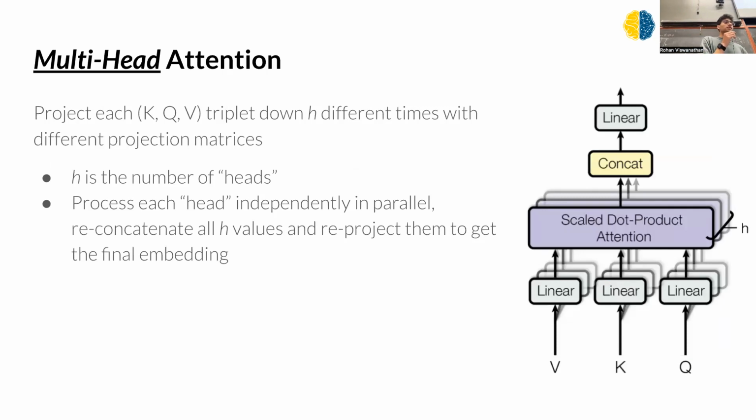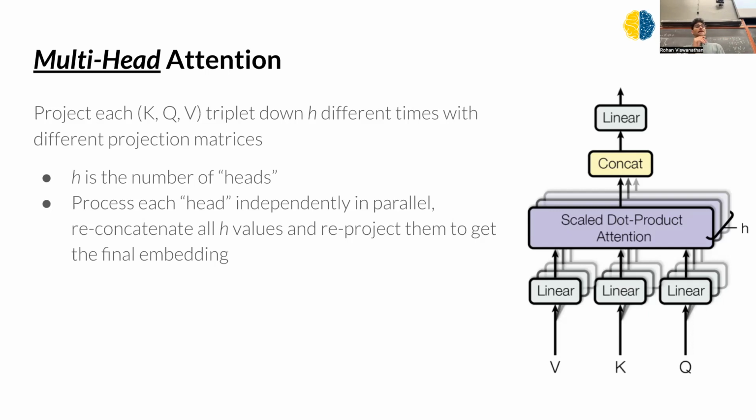Multi-head attention is the concept, like I mentioned, of creating multiple attention representations called heads that operate in parallel. So we're projecting each key, query, and value triplet down h different times with different projection matrices. So now we have h different starting values, or heads, of our KQVs, and we're doing this process h times.